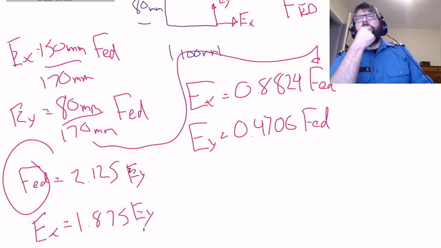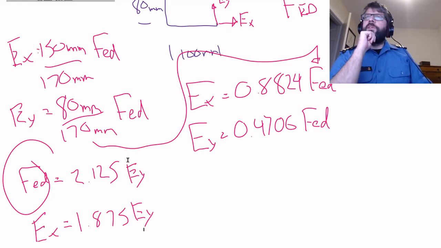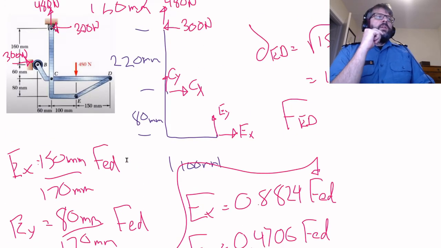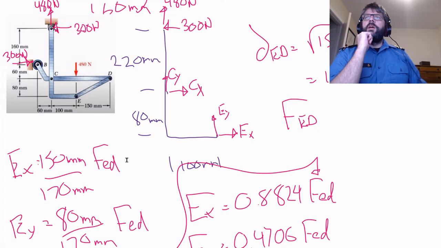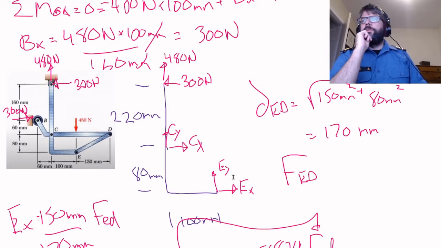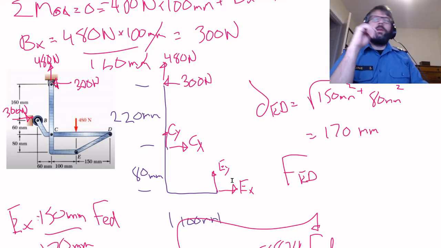So that's how we relate those two things. So what we can do here is take a moment about C. Then we'll have the two unknowns EX and EY, but those will be related to one another.